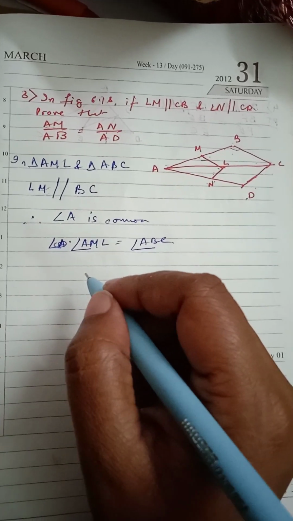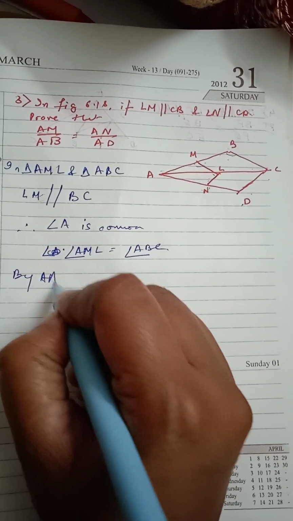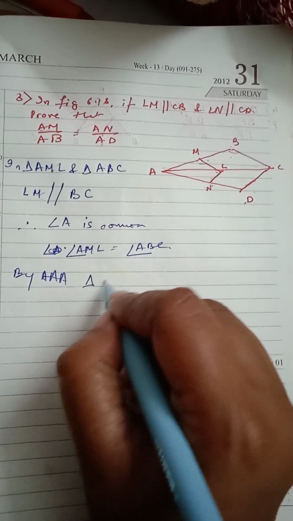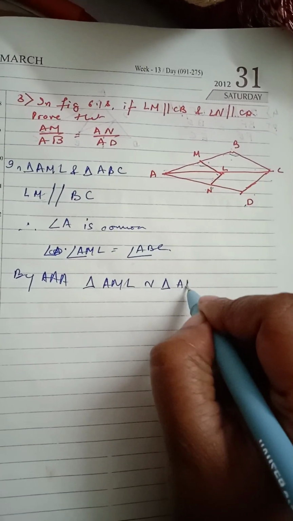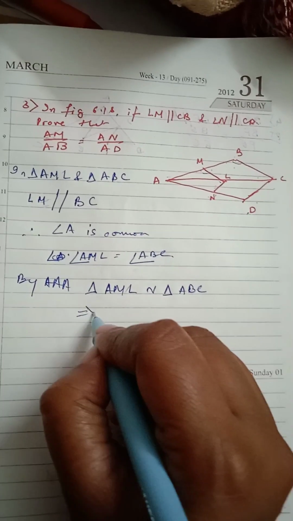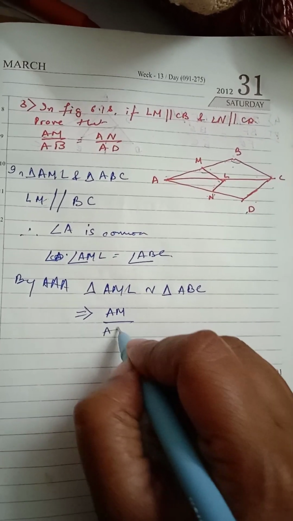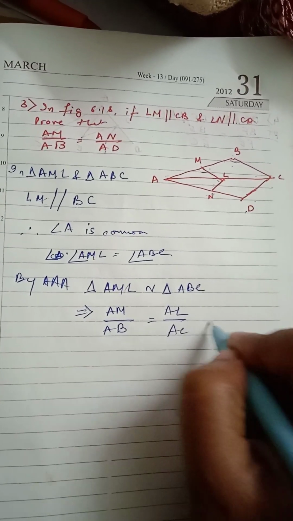So I can always state by AAA that triangle AML is similar to triangle ABC. So from here, what will I get? AM by AB will be equal to AL by AC.